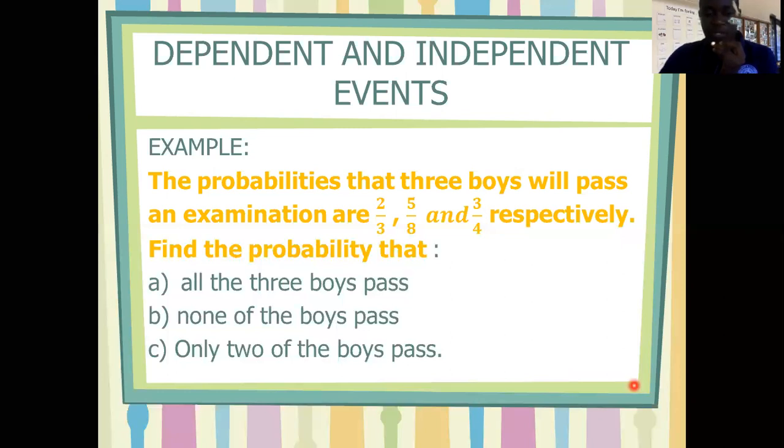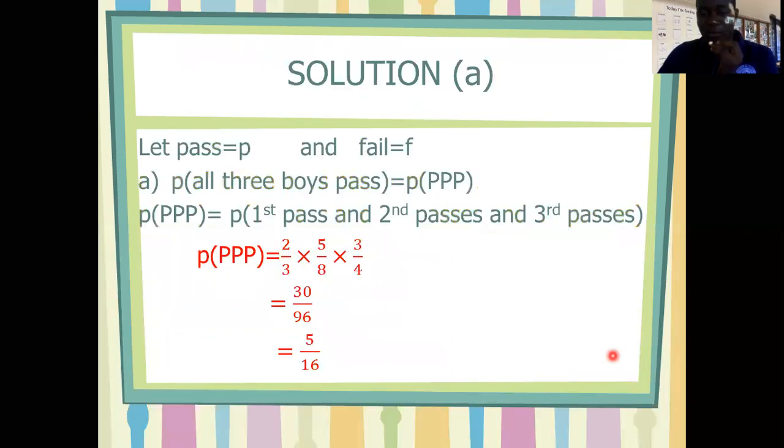Probability that all the 3 boys pass means that the first boy passes, the second boy passes, and the third boy passes. I have decided to use P to represent my pass and F to represent fail. So for each of the boys, I'm going to use P for pass and F for fail. Probability that all 3 boys pass, that will be probability that we have the first boy as P, second boy as P, and the third boy as P. Now, the first boy passing, that's 2 over 3, second boy passing, that's 5 over 8, and third boy passing, that's 3 over 4.